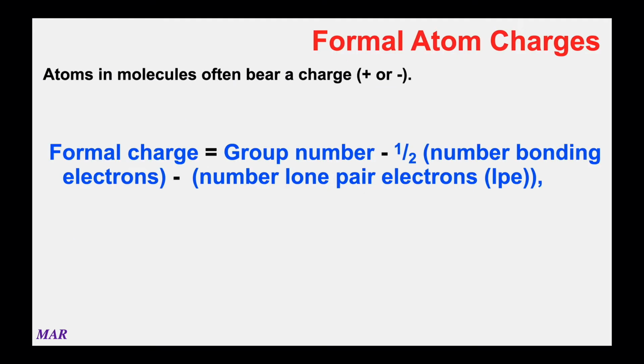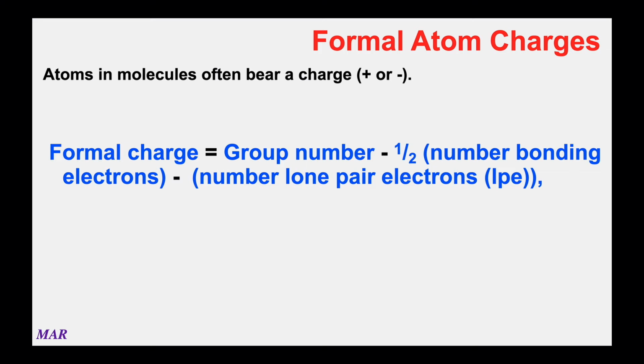Formal charges, or formal atom charges, are ways sometimes to predict what the best Lewis structure is going to be. And that's kind of a cool thing to do. Now, formal charges are a little bit weird, but the good news is that this will be about as bad as any of the math we're going to see in the first couple chapters, so it's not too bad.